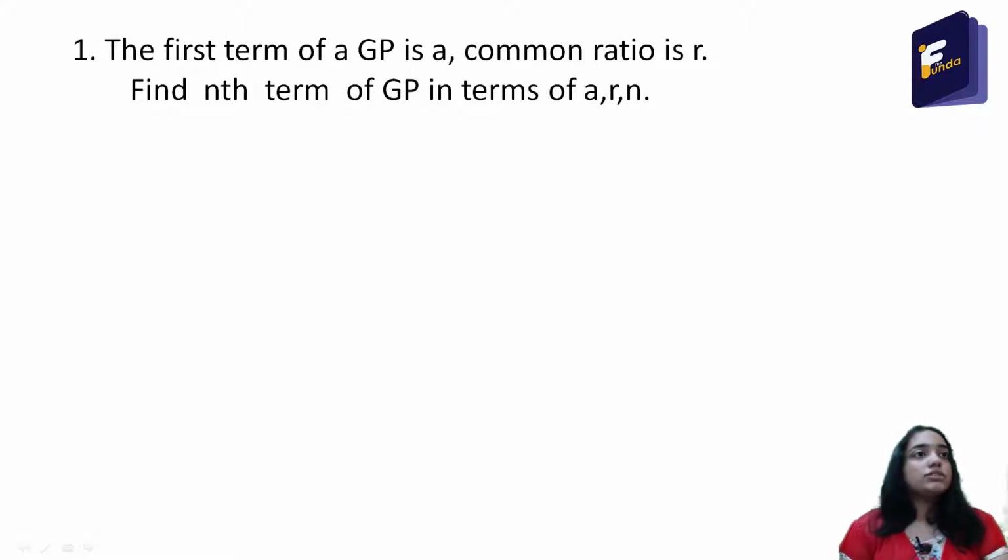The first question is, the first term of a GP is a, common ratio is r, find the nth term of the GP in terms of a, r and n. Okay, so now you may pause the video and solve this question. Only after solving this question, see the solution. Don't be in a hurry to know the solution.